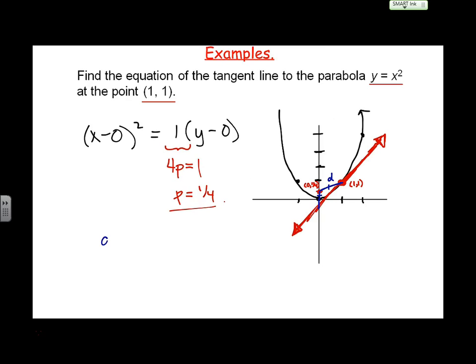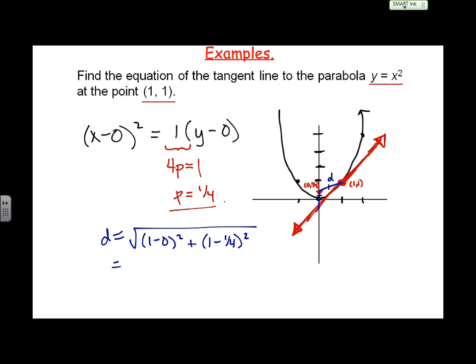D is equal to the distance formula, square root of x2 minus x1 squared plus y2 minus y1 squared. So 1 minus 0 squared plus 1 minus 1/4 squared. How are we looking? Okay, so I have 1 squared is 1.